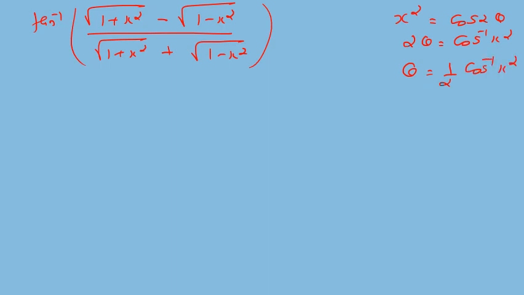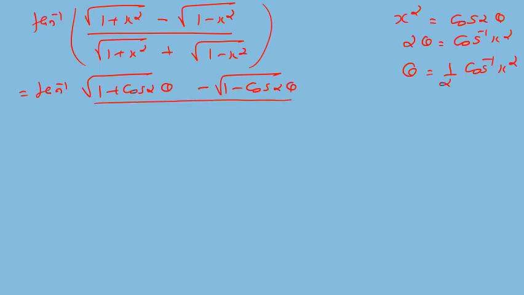Now this becomes tan inverse root of 1 plus cos 2 theta minus root of 1 minus cos 2 theta, divided by root of 1 plus cos 2 theta plus root of 1 minus cos 2 theta. Here we are substituting x squared is equal to cos 2 theta.